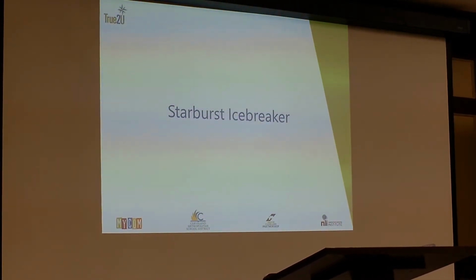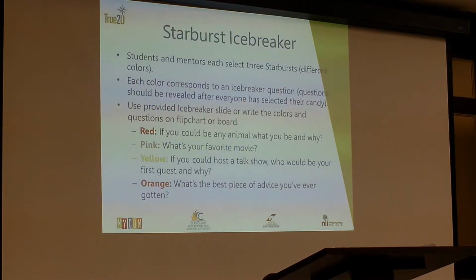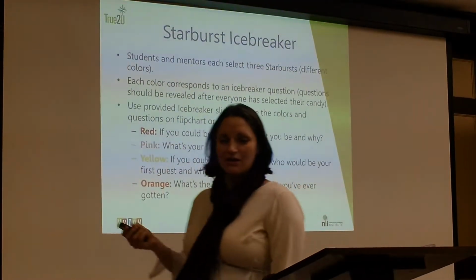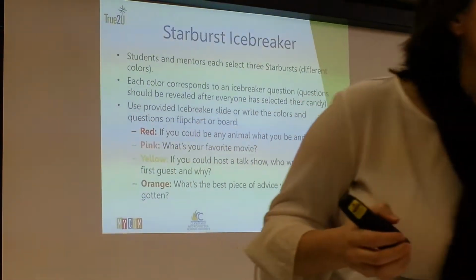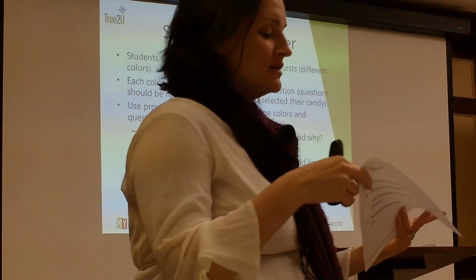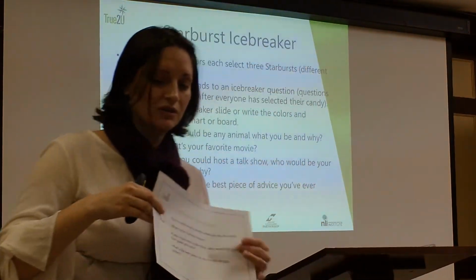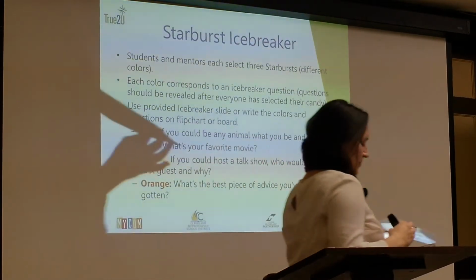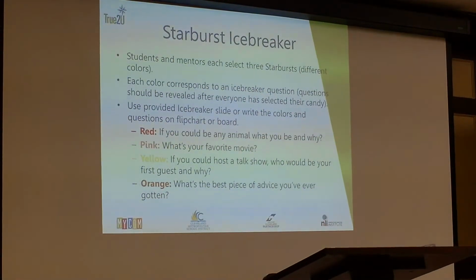Okay, so we start out with the Starburst icebreaker. You'll see it in your curriculum guide, but also on your table, and you'll have these at your school, of course, in your session envelope. Basically, this is just a simple icebreaker. So you pass around the Starburst bag.